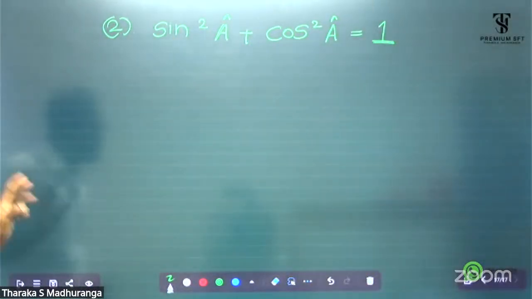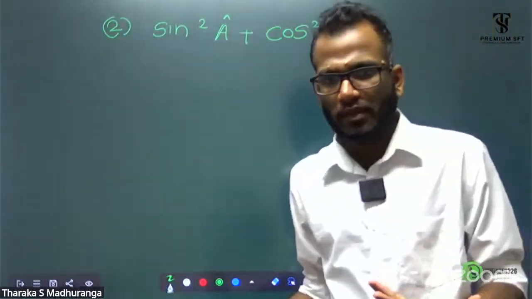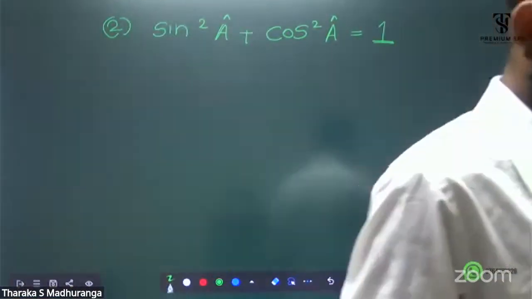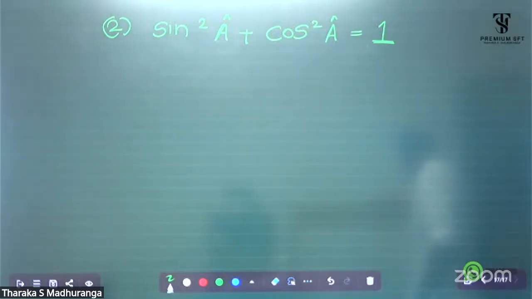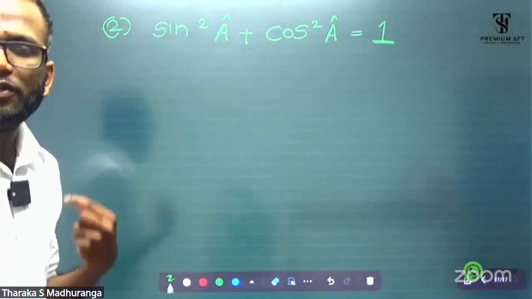Sin squared A plus cos squared A is equal to 1.